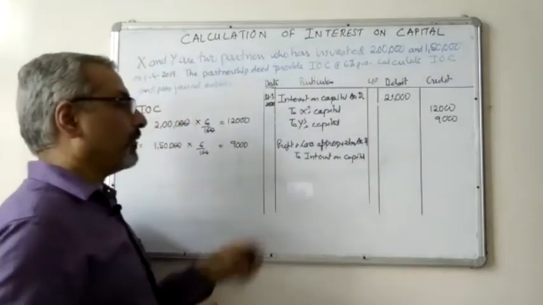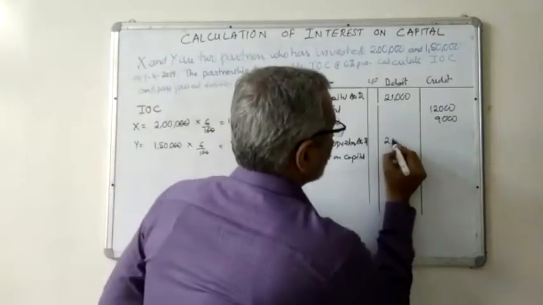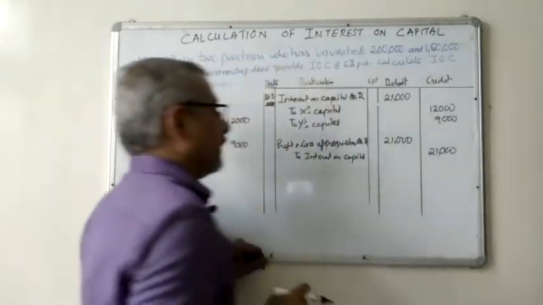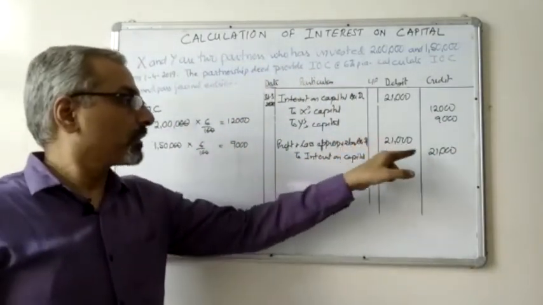Repeat again. Profit and loss appropriation account debit to interest on capital, 21,000.